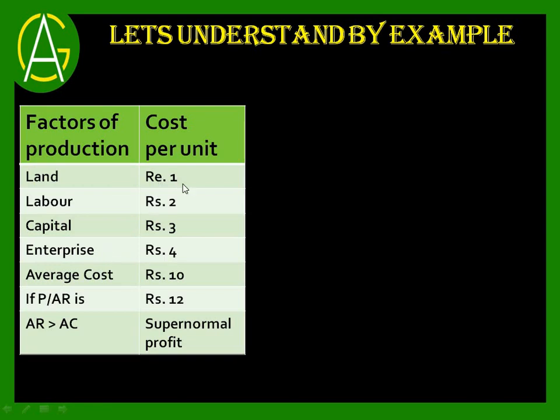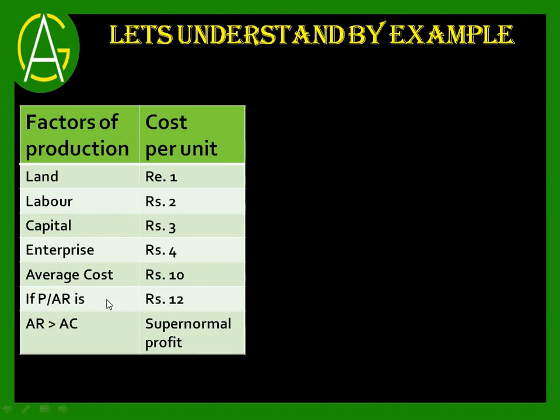This is the cost of manufacturing one unit of, suppose, product X. So the average cost is rupees 10. For manufacturing every one unit of product X, the firm incurs an average cost of rupees 10.